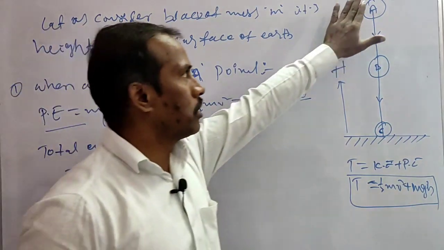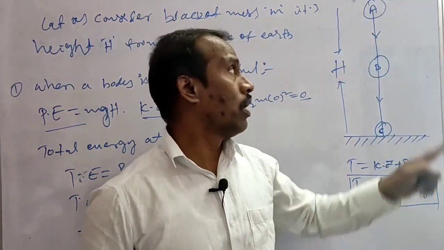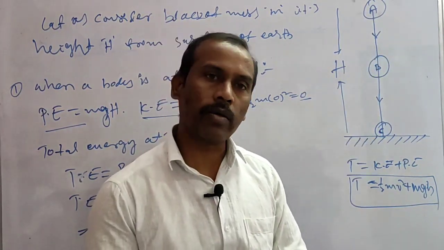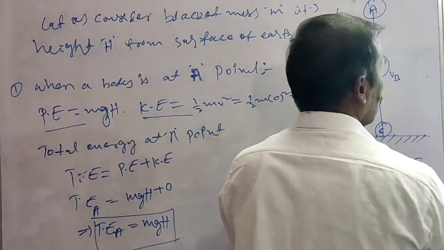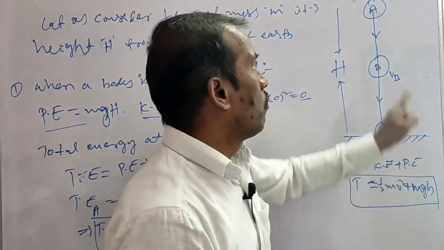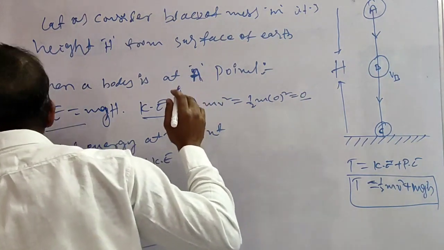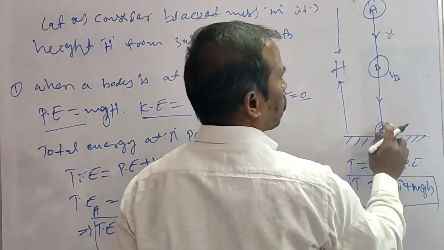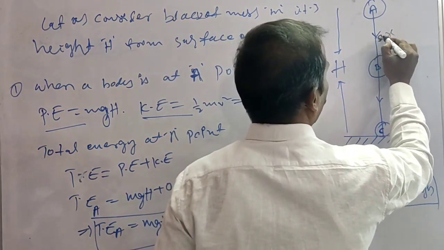Now this block reaches the point B with velocity vb. The displacement of the block from A to B is x, so s is equal to x.